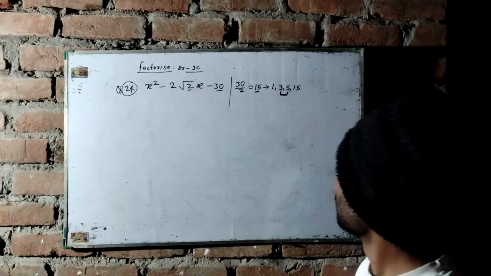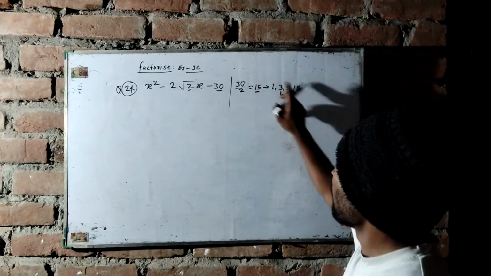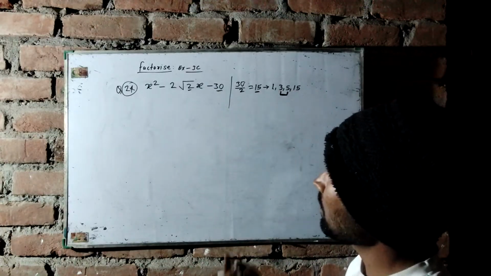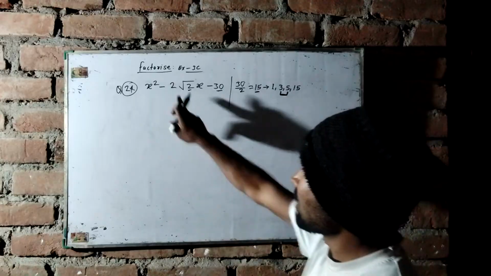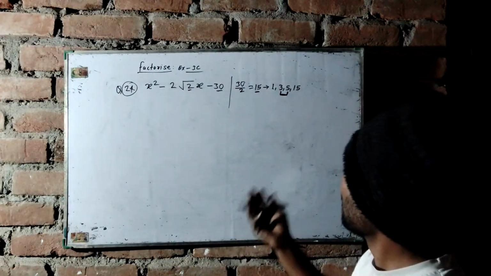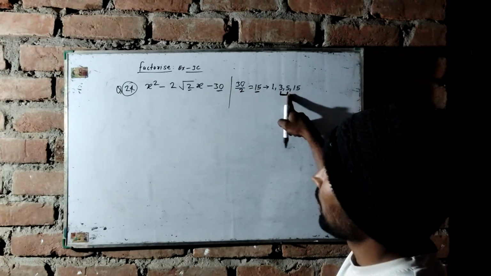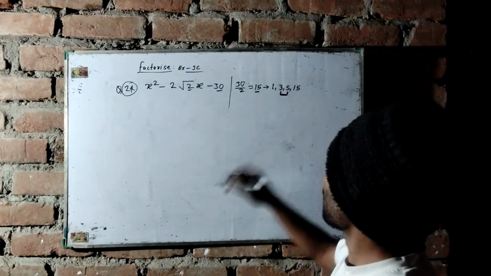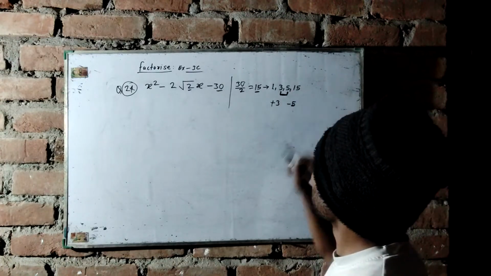So we need to take minus sign with one of these numbers and plus sign with the other. But to get minus 2, we need to take minus sign with the bigger number and plus sign with the smaller number. So we can take plus 3 and minus 5.